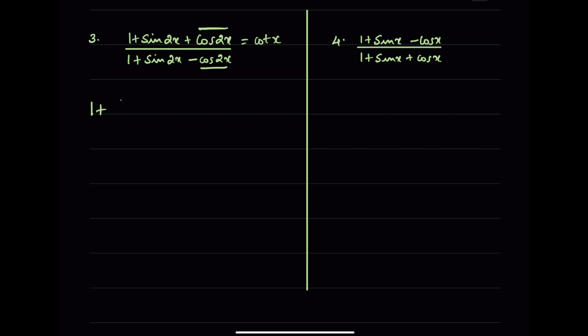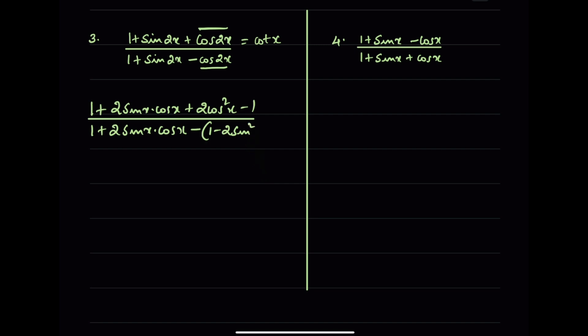So sin 2x is 2 sin x cos x, plus 2 cos square x minus 1. This whole thing divided by 1 plus 2 sin x cos x minus of 1 minus 2 sine square x. Now the ones will get cancelled here. The ones will get cancelled in the denominator too.